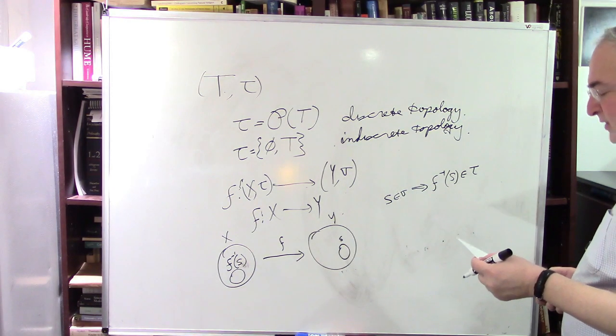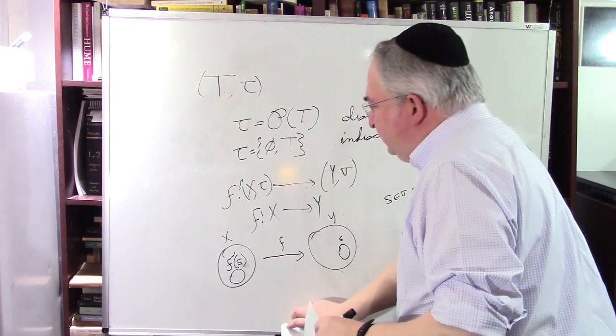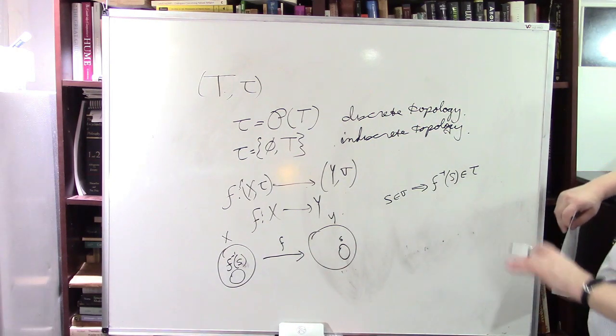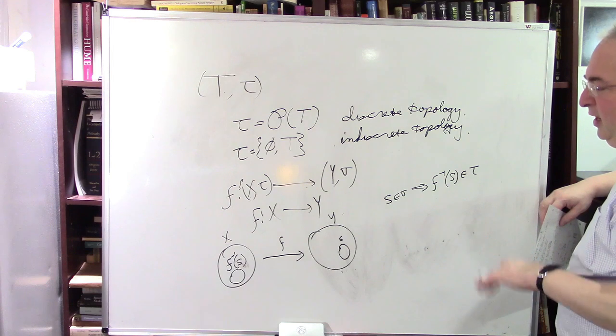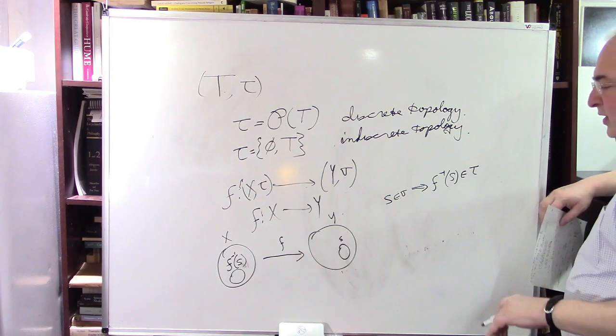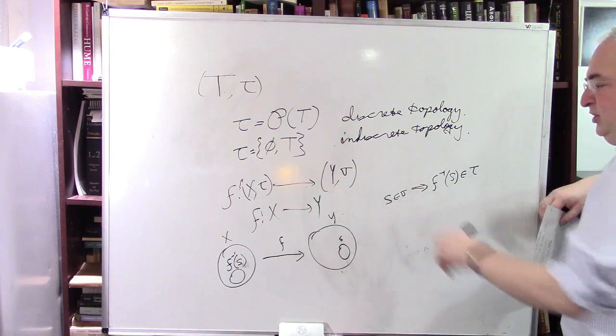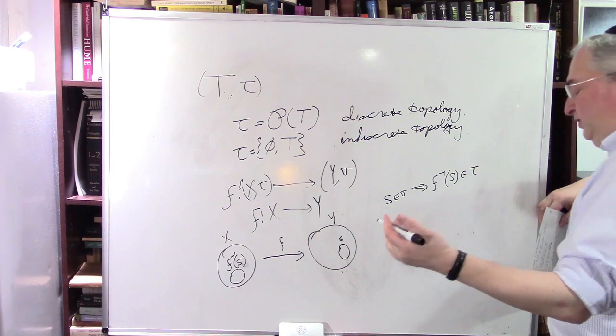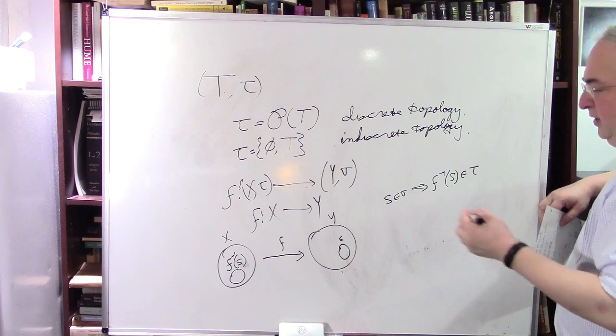These are the things that you learn in math classes. We're not going to spend a lot of time dealing with the details of it. The main point is that such continuous maps can be composed.